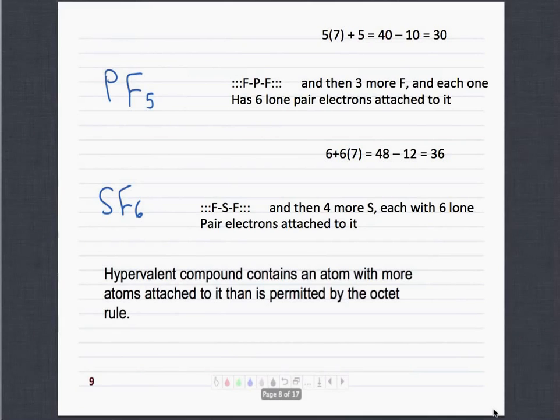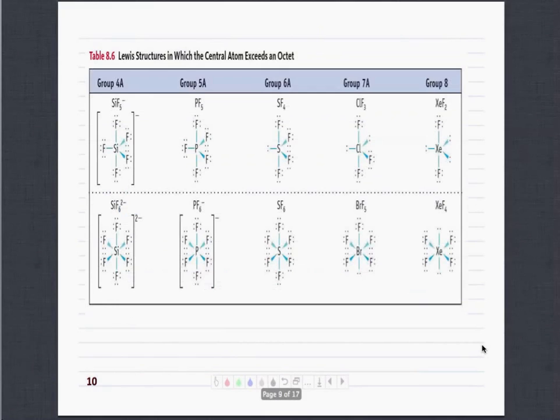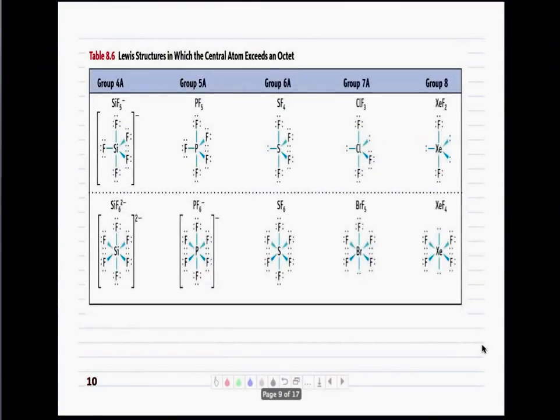Now more of the Lewis structures of hypervalent compounds are summarized in the upcoming table. You have almost all that you're going to see in this course as Lewis structures of hypervalent compounds. We treat anions the same way. If it is minus, we add 1 electron.